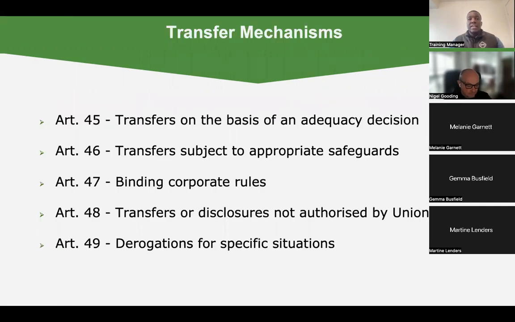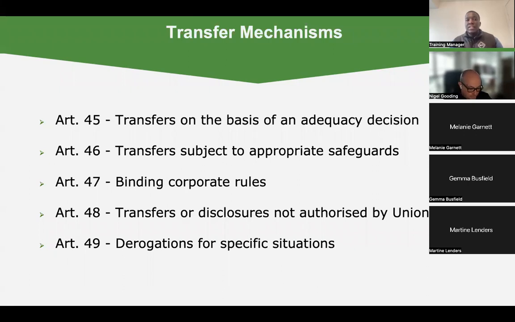So the next thing, as background, is what the transfer mechanisms are under the GDPR that organizations can utilize to transfer personal data. The first one is transfers on the basis of an adequacy decision. If an adequacy decision exists for the country to which you intend to transfer personal data, then you can do that without any restrictions. You do not need to conduct a transfer risk assessment.